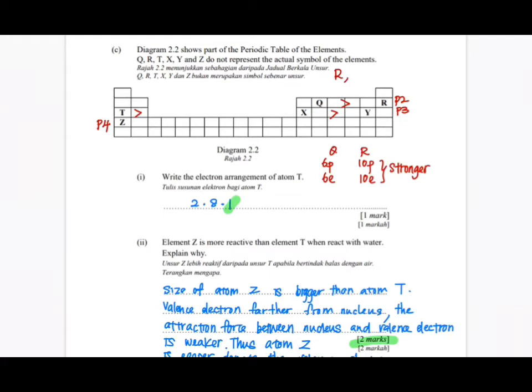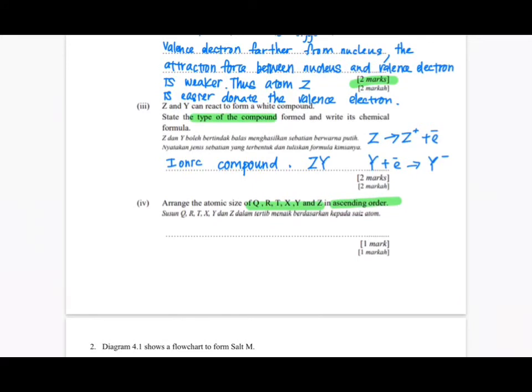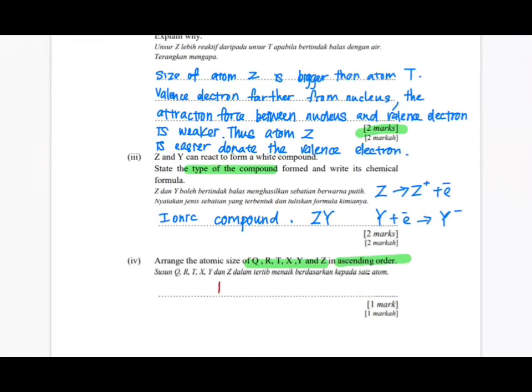The smallest is R, after that Q, and then Y, X, T, Z. So in ascending order, the size of the elements is R, Q, Y, X, T, Z.